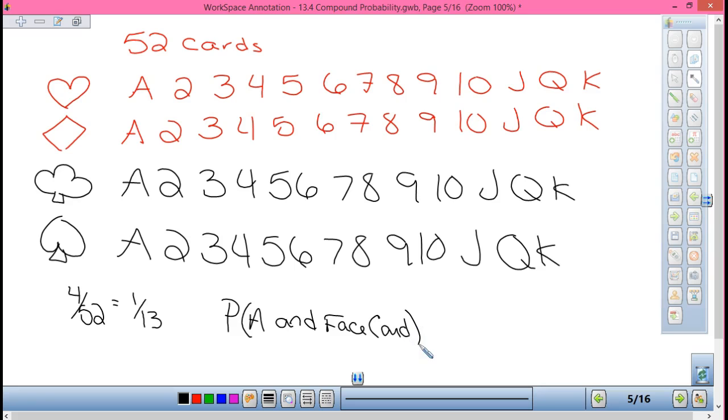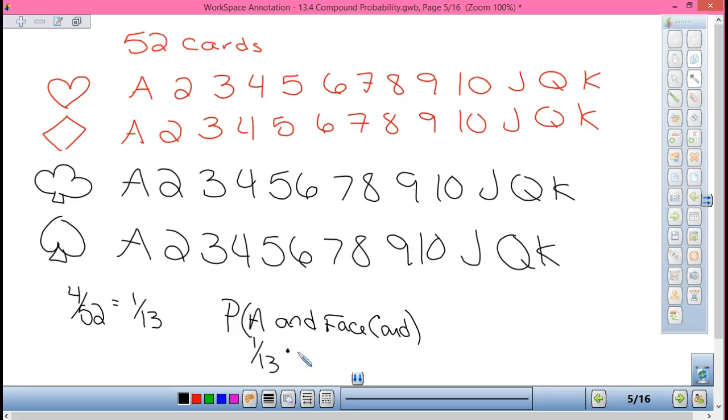When I'm using the word and, I am multiplying my probabilities together. So my probability of getting an ace is 1 out of 13 or 4 out of 52, right? Okay. How about face cards?